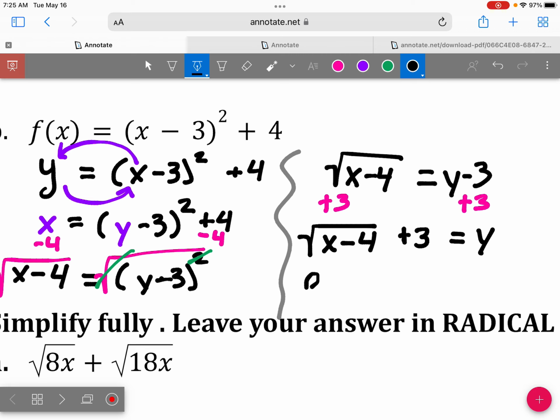When it's our inverse, just a reminder of that notation, that's the f minus 1 of x is the square root of x minus 4, plus 3. Make it really, really clear that the plus 3 is not in your square root. It's outside.